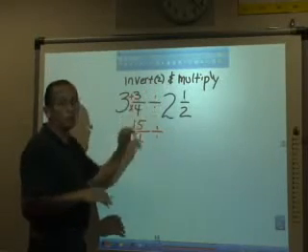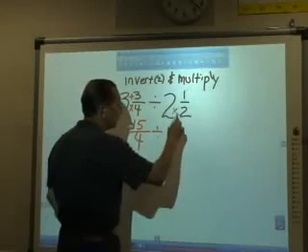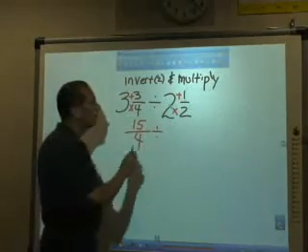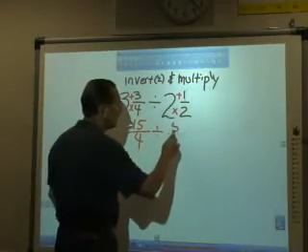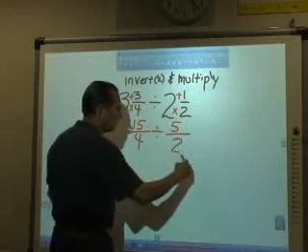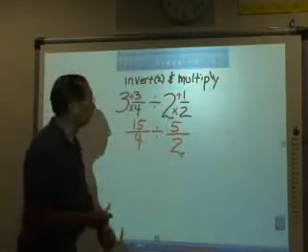Then we'll do our invert and multiply. Now, with the 2, I'm going to multiply and then add. 2 times 2 is 4, plus 1 is 5, over the same denominator, 2. Okay? Now, we'll go into our invert and multiply.